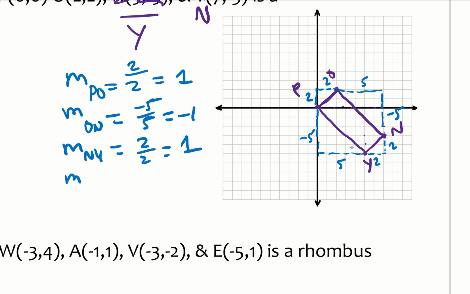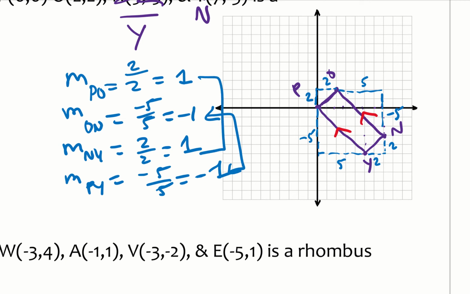And finally, the slope of PY is going down 5 and over 5, which is negative 1. As you notice, the opposite sides here have the same slope, so they are parallel here, and the opposite sides here are parallel as well, same slope, and therefore we have shown that this is a parallelogram.